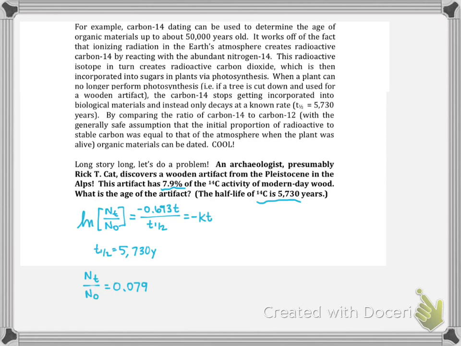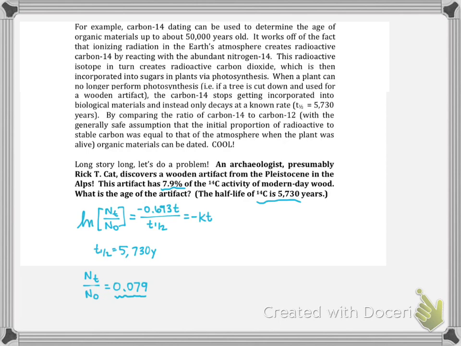And I think you could even put in just 7.9 for that ratio and it would work out just fine. But I'm going to go ahead and do this because that's the real ratio rather than the percentage. Okay, so we can start plugging in numbers to the equation.